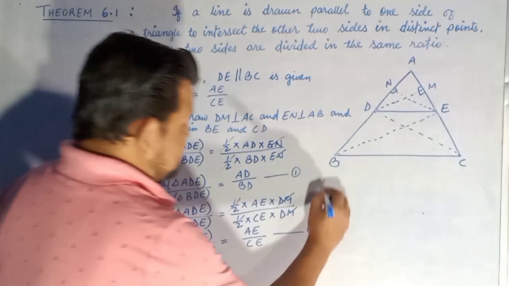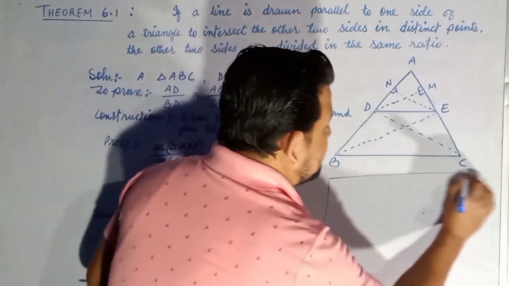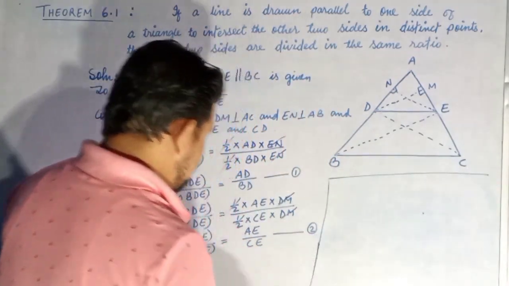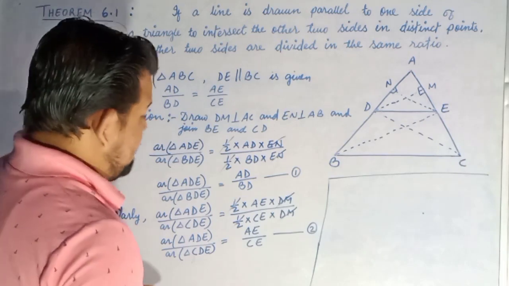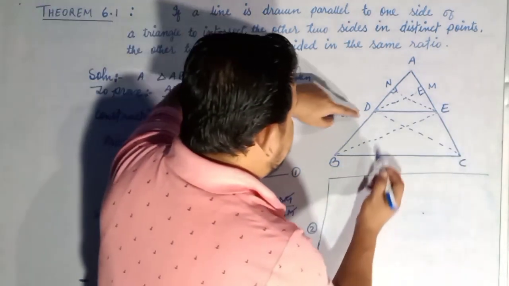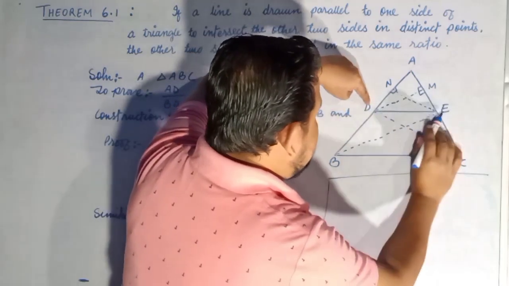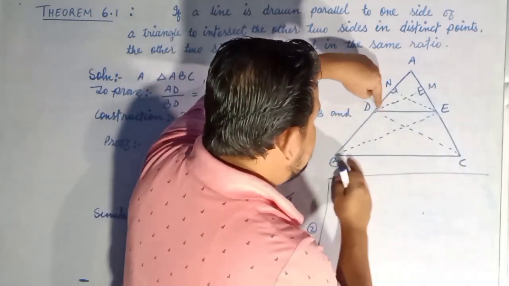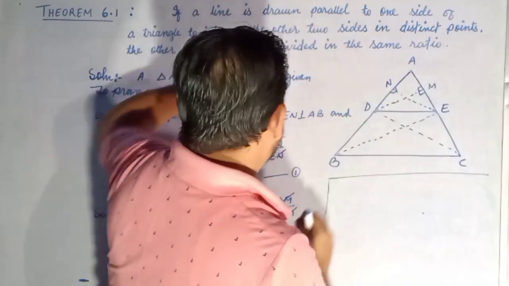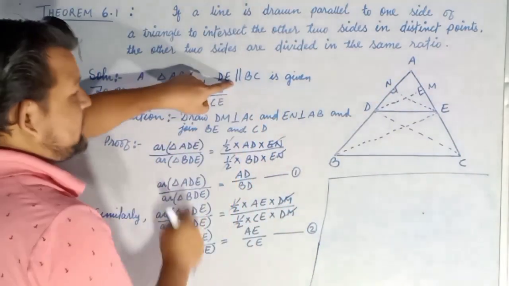Okay, then let me solve this side now. So here, now you see, we have known that area of triangle BDE, these two lines, DE line and BC line are parallel lines, we have already drawn, so it is already given to us, am I right here?